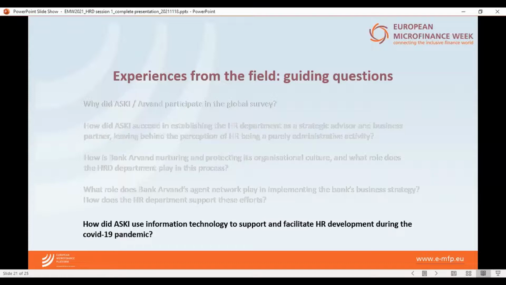I'm very excited to always share this. Even before the pandemic, our institution, ASKI, developed our own human resource information system. So it's a homegrown system, the HRIS. Primarily, this is to monitor the employees' data, profile management, extracting reports of significant HR metrics.